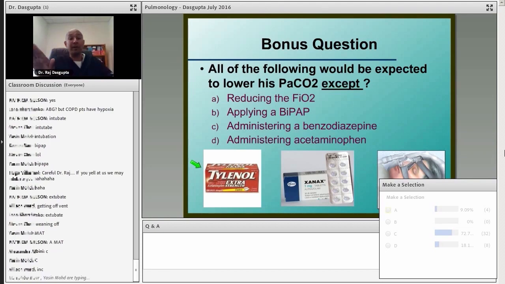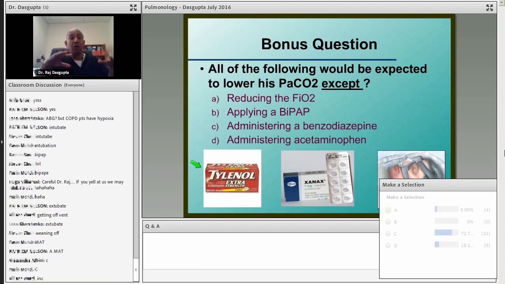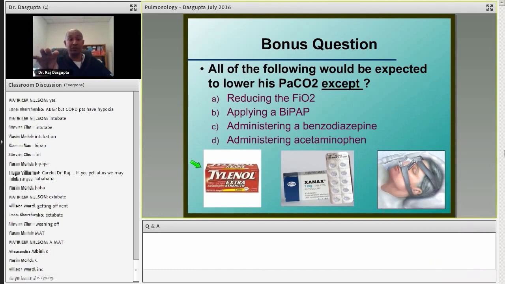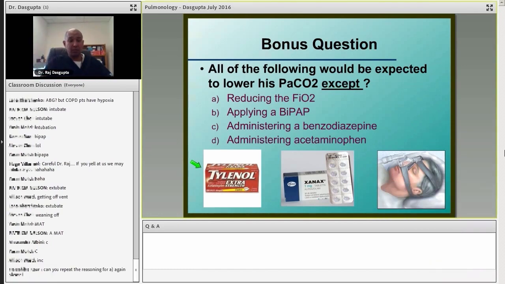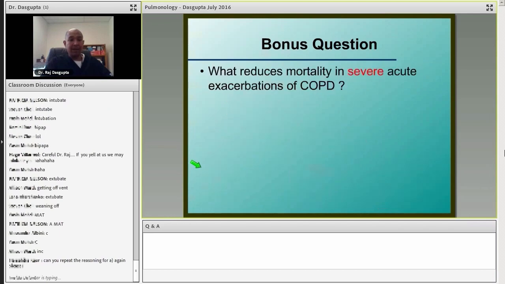And what do you make from the Krebs cycle? CO2. So if you give an antipyretic like acetaminophen, what happens to your metabolic rate? It decreases. So what should happen to CO2? It goes down. So the only question here is a benzo. You do not want to be loading up people in respiratory stress with benzos, because what's going to happen to respiratory drive? It decreases.